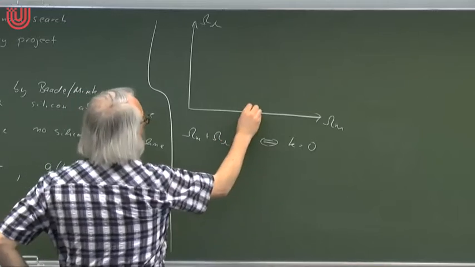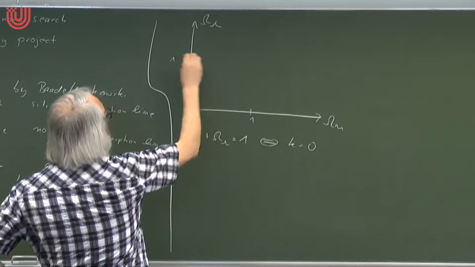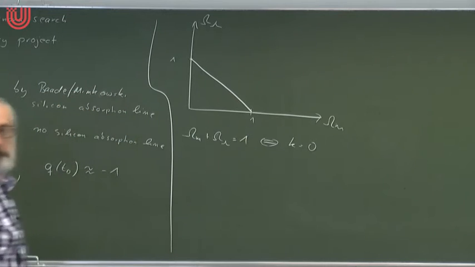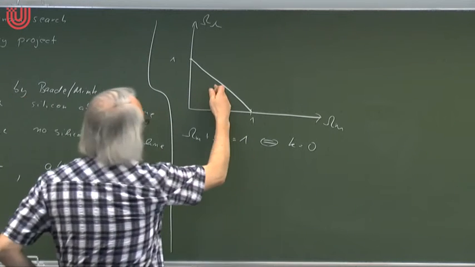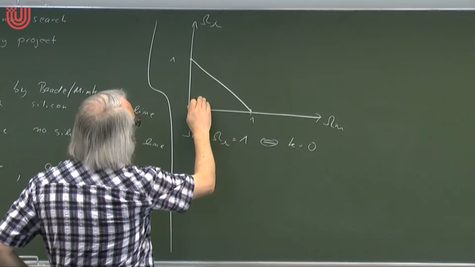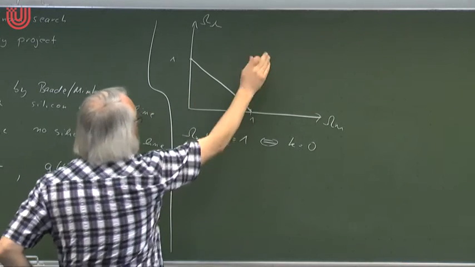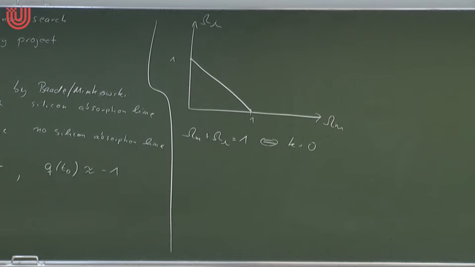So if you have here 1 and here 1, on this line you have k equals 0. Here, if the density is smaller, you have k equal minus 1, and here you have k equal plus 1.